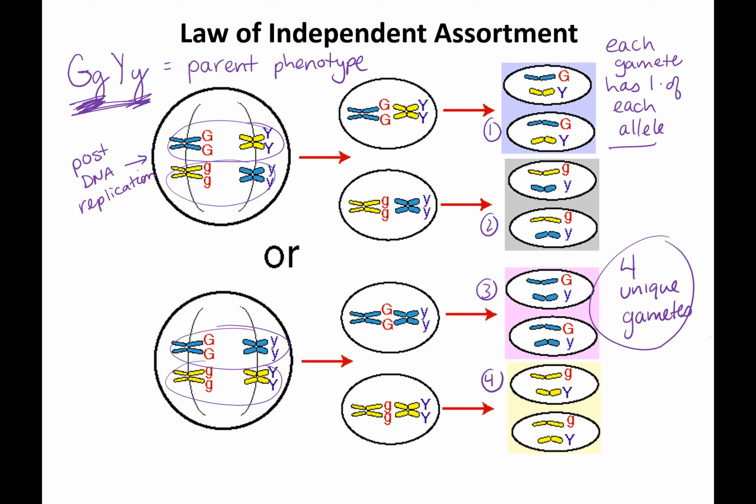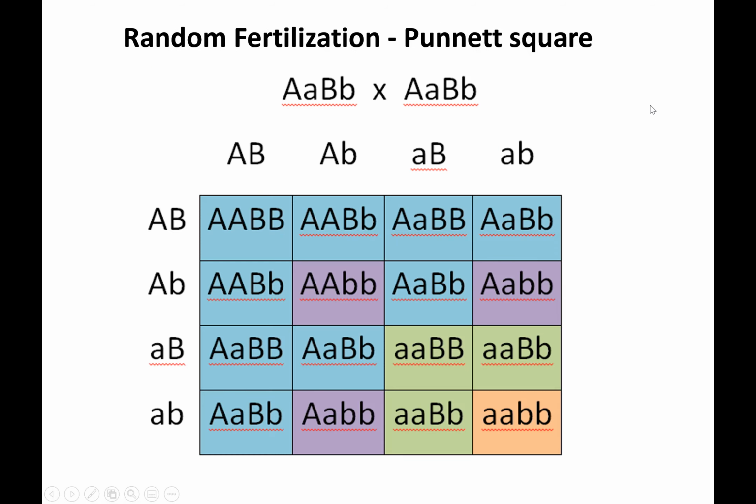Okay, so what do we do with gamete information? How is this used to make a Punnett square to predict offspring? Our last part of genetic diversity, and how you know what you inherit from your parents, is random fertilization. What we have up here is the parent genotype.